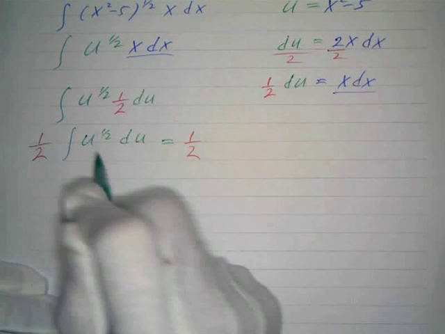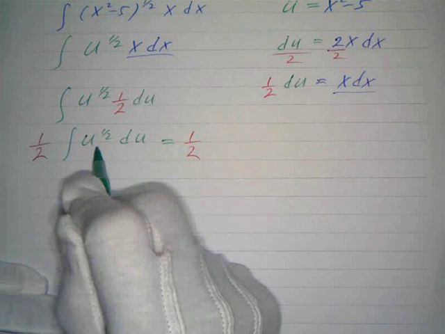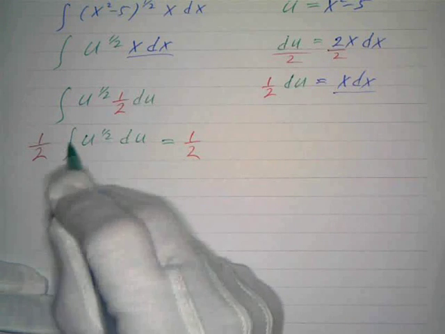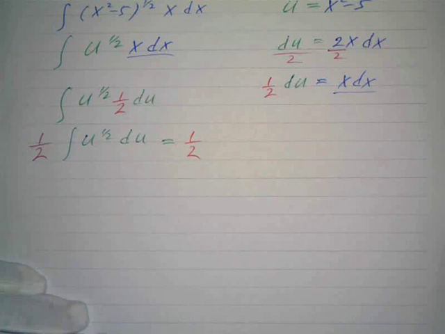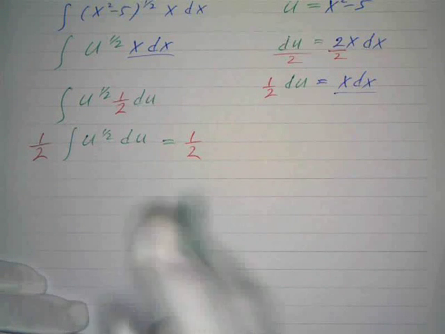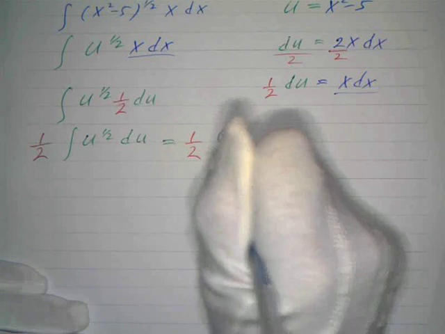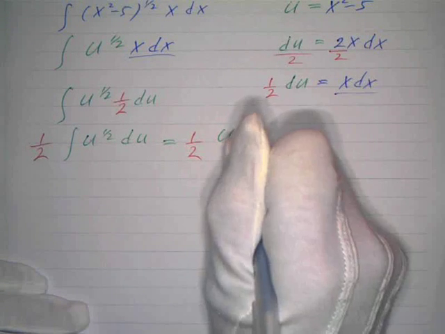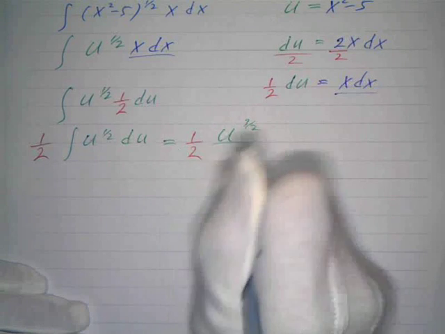Then we've got the antiderivative, I should say. If we say integral, we're actually saying the indefinite integral, which is the antiderivative. The antiderivative of u to the n du is u to the n plus 1, so u, and what's 1/2 plus 1? Well, 1 is 2/2, so 1/2 plus 2/2 is 3/2, divided by 3/2.